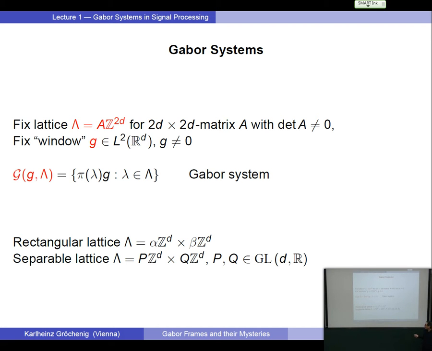In the applications we just had translation by multiples of some parameter alpha, modulation by integer multiples of some parameter beta, and so we looked at the rectangular lattice. For the general theory I will use arbitrary lattices, but in the applications you saw lattices parameterized by a time shift and by a frequency shift.